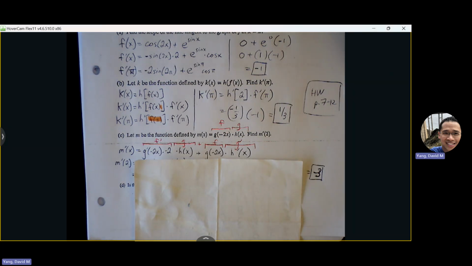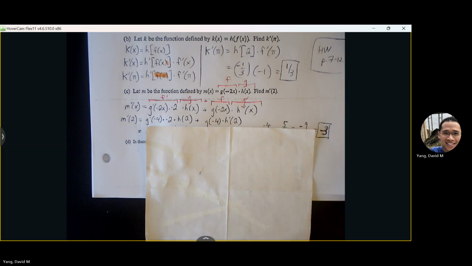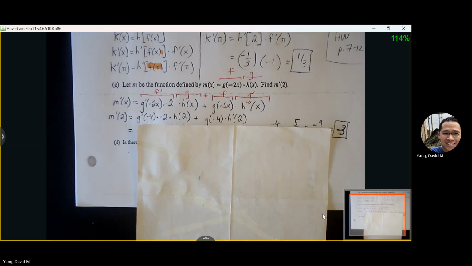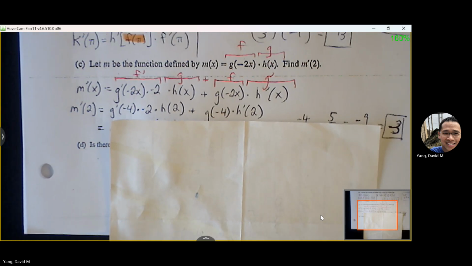Okay, now we can involve the 2. So plug 2 into all your x's. G prime of negative 4 times negative 2 times h of 2 plus g of negative 4 times h prime of 2.